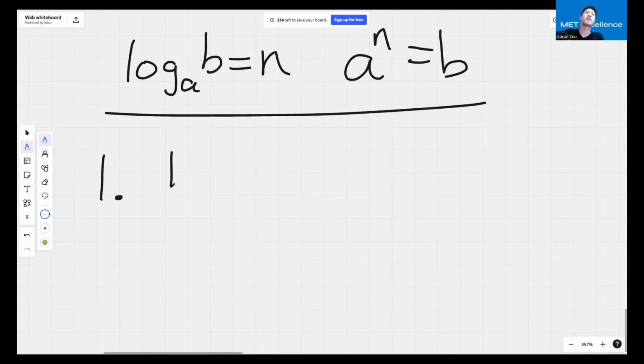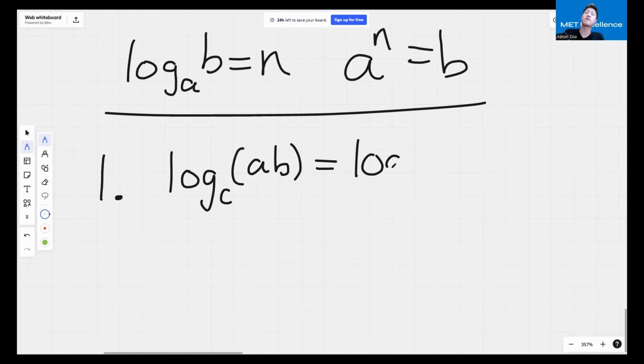If we have log base c of a times b, that is log base c of a plus log base c of b. This is a pretty hard one to remember. But remember, log base c of ab equals log base c of a plus log base c of b.